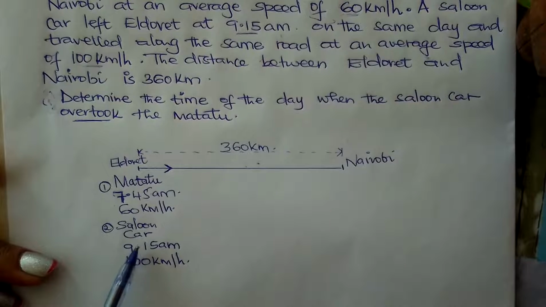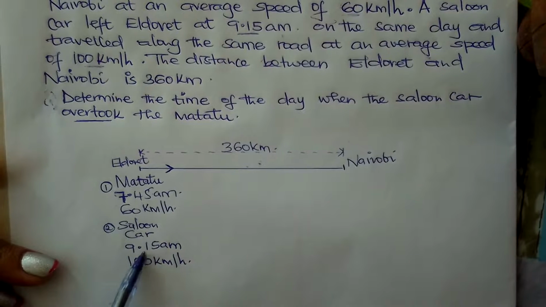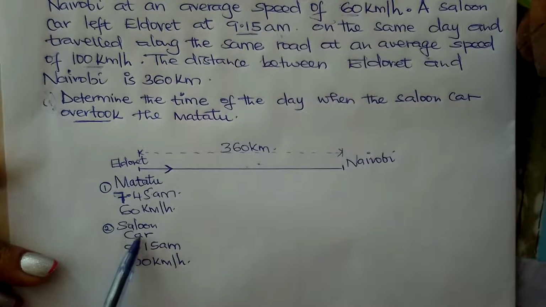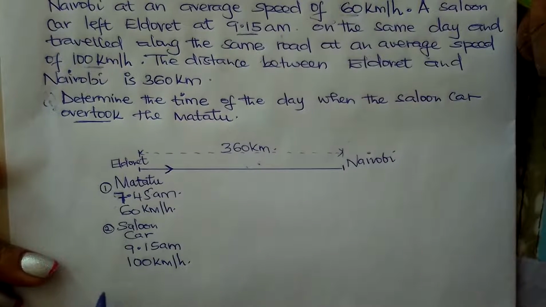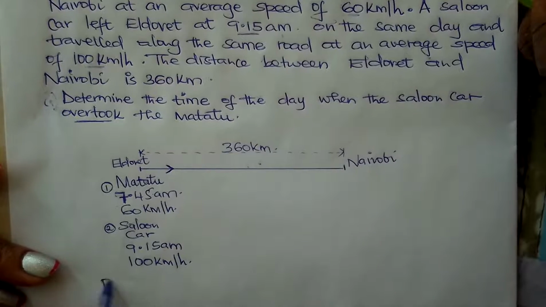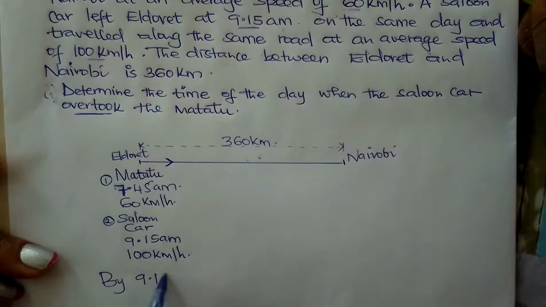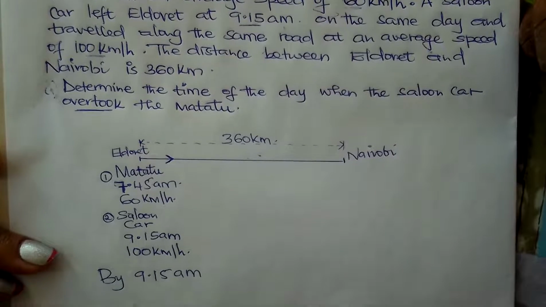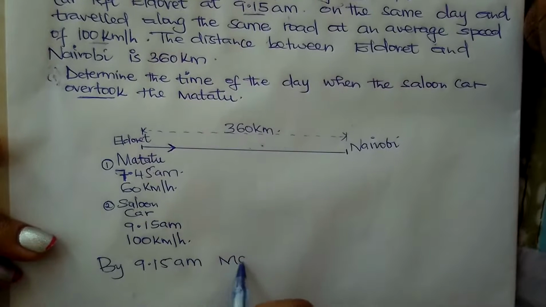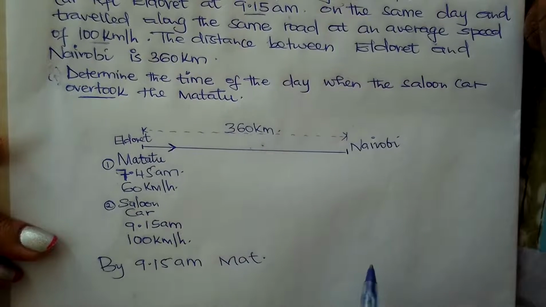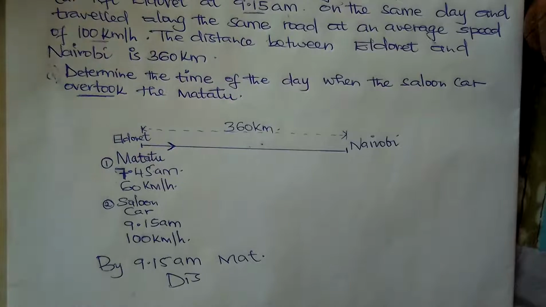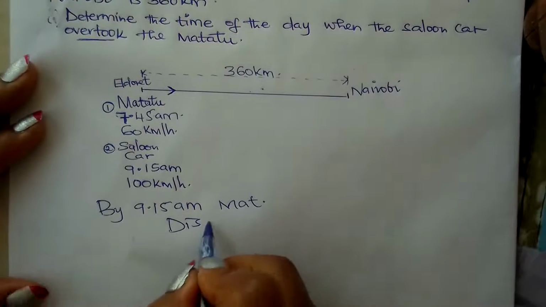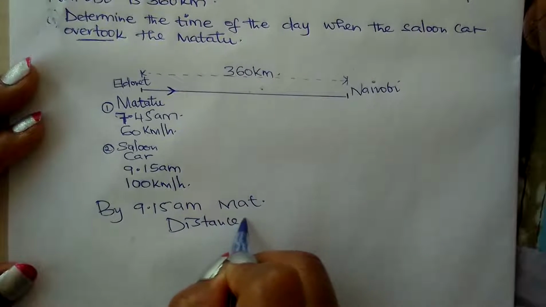So you first ask yourself, by 9:15 a.m., when the saloon car will be leaving Eldoret, the matatu will have traveled for how long? So you say, by 9:15 a.m., the matatu, you can write it in short, will have covered what distance?